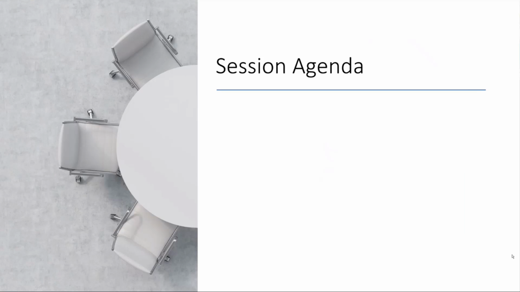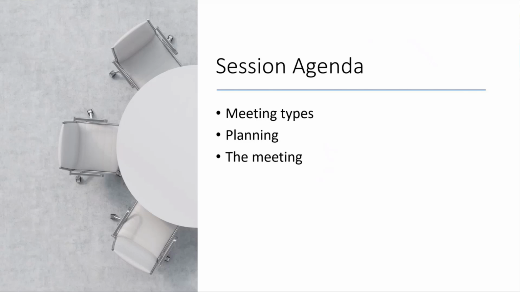Let's start with today's session agenda. First, I will talk a little about meeting types. It shouldn't be anything new for you, but it's to be clear what you can do in which type. Then how to plan, what to do during planning your meeting, what options you can use.